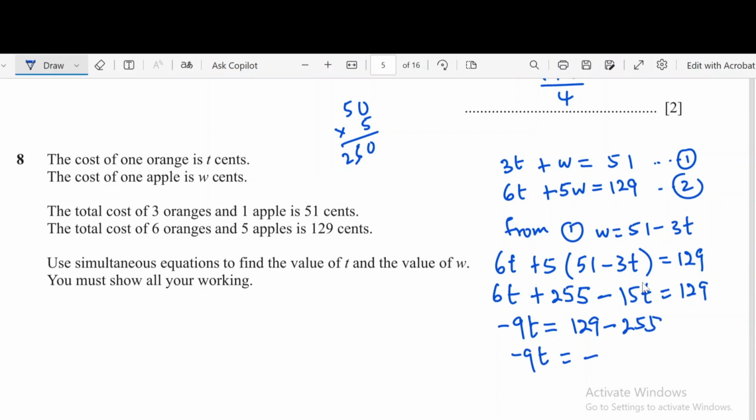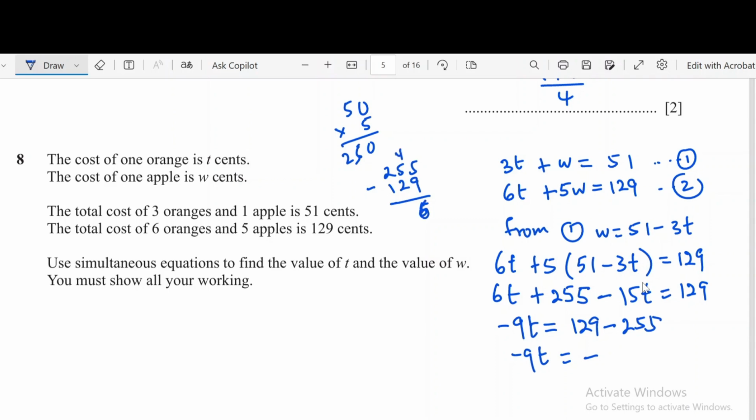So you can now do 255 minus 129. 15 minus 9 is 6.